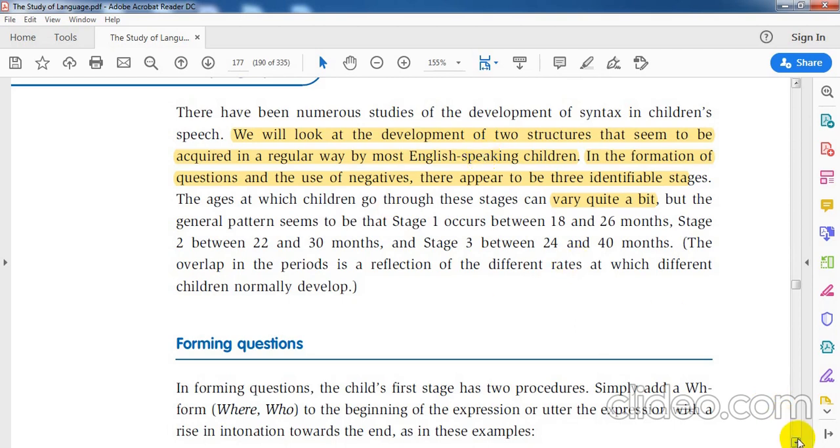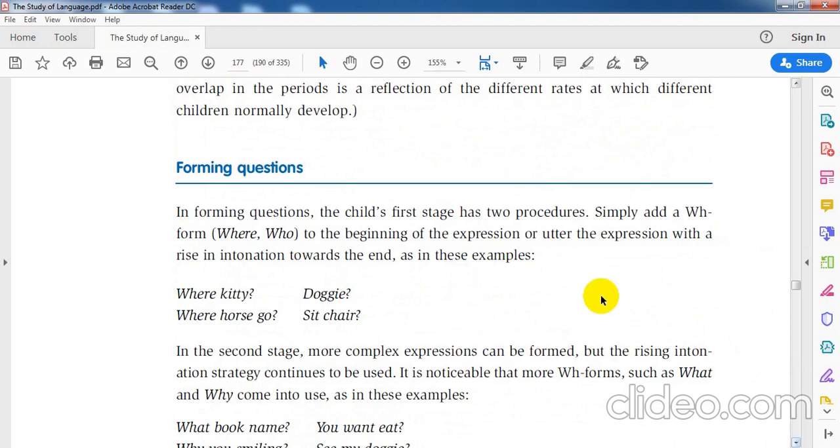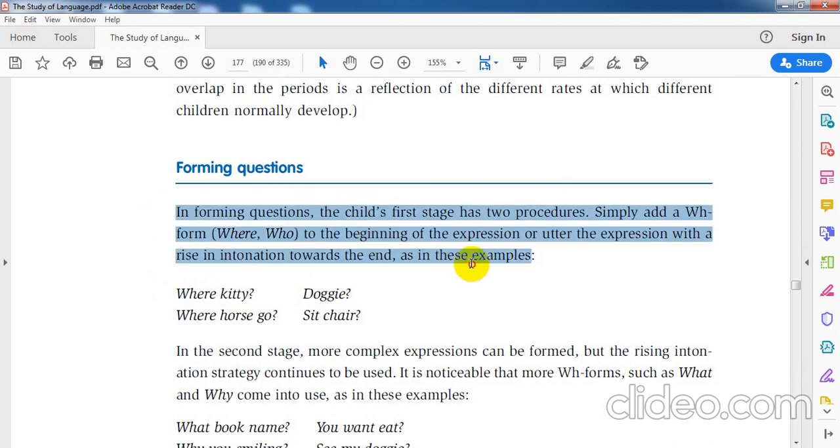Now, in the beginning, let's start with forming the questions. Forming the question also occurs in 3 stages. In the beginning, they are going to be able to include where as a WH question in their own question formation, and who as well. In forming questions, let me highlight these lines.